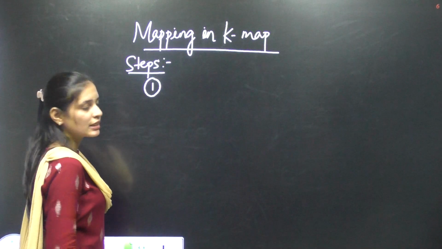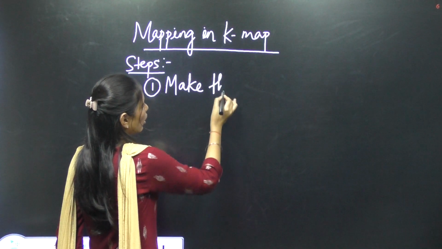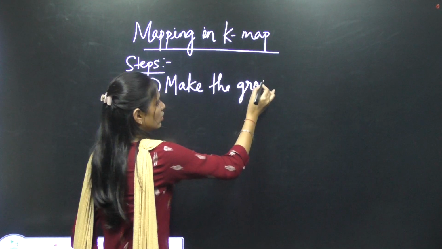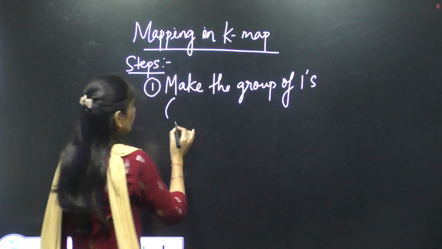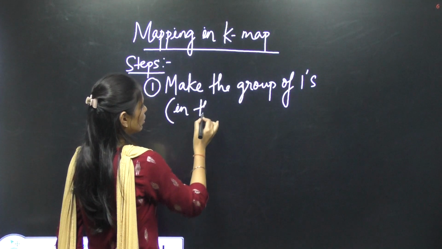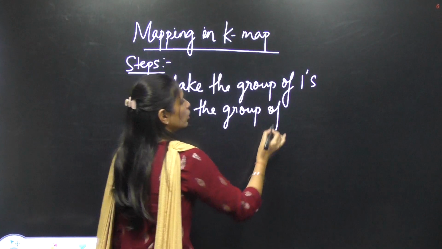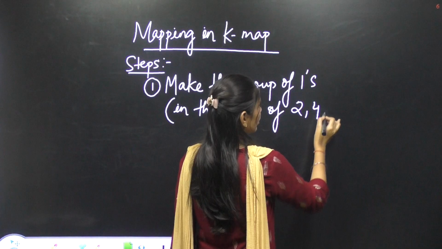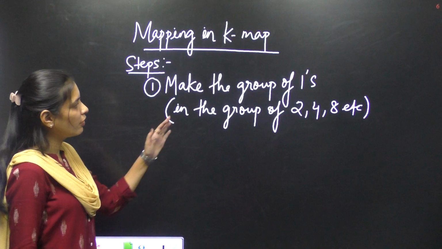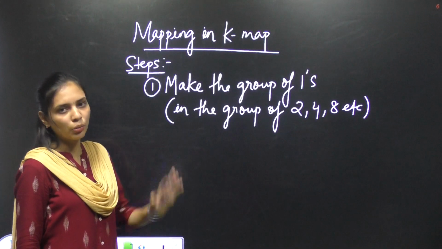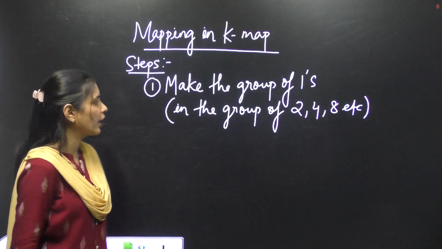The first step is to make groups of ones in groups of 2, 4, 8, etc. First locate the min terms. Wherever you get the min terms, represent them as 1. And among the ones you will make groups of 2, 4 and 8.